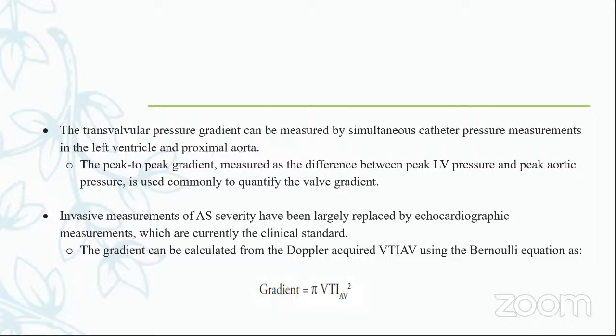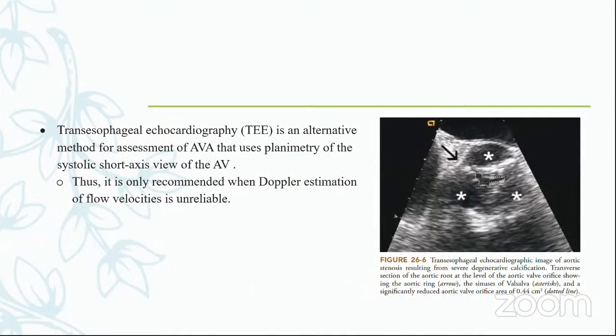The gradient can be calculated from the Doppler-acquired VTI of the aortic valve using the Bernoulli equation, in which the gradient is equal to 4 times the square of the VTI of the aortic valve velocity. TEE is an alternative method for assessment of the aortic valve area that uses planimetry of the systolic short axis view of the aortic valve, and it is only recommended when the Doppler estimation of the flow velocities is unreliable.